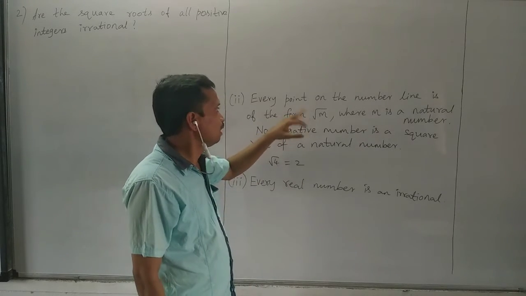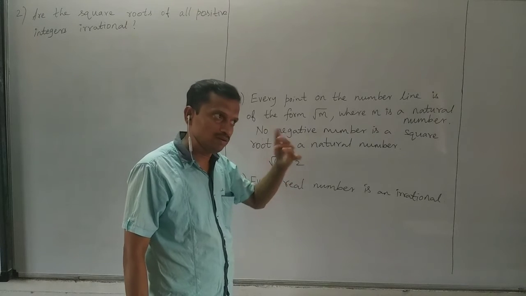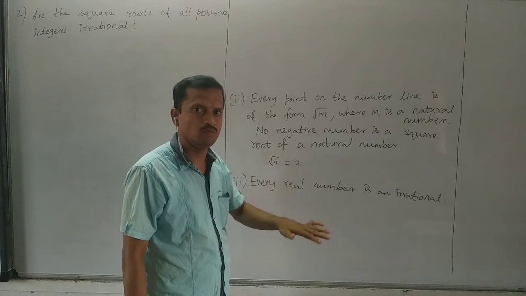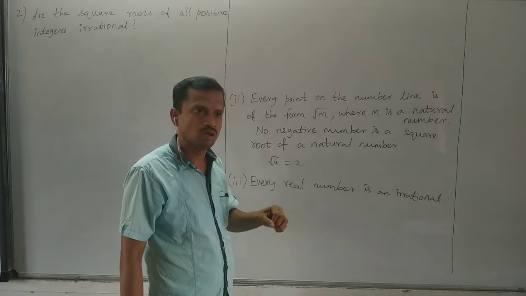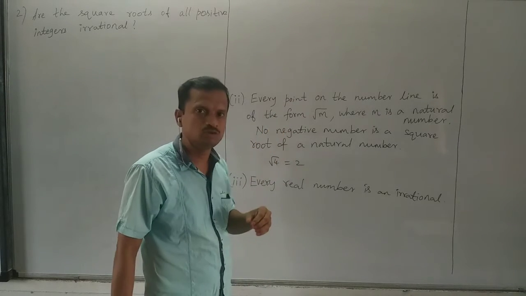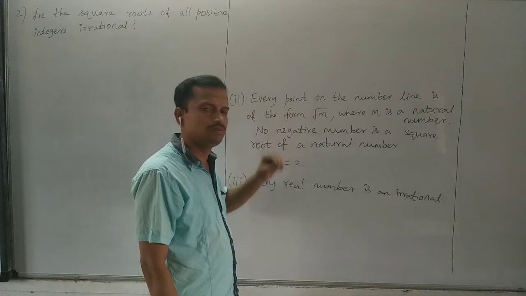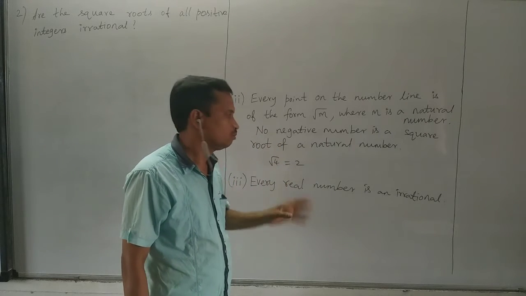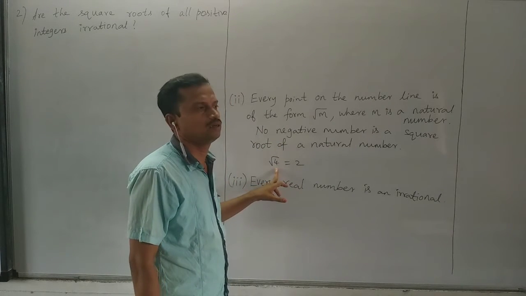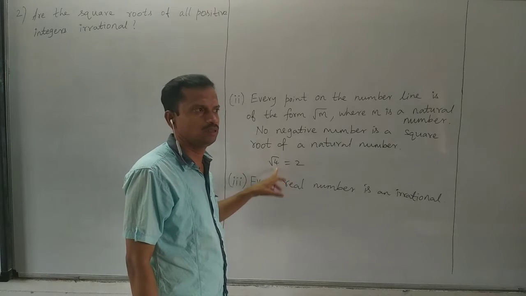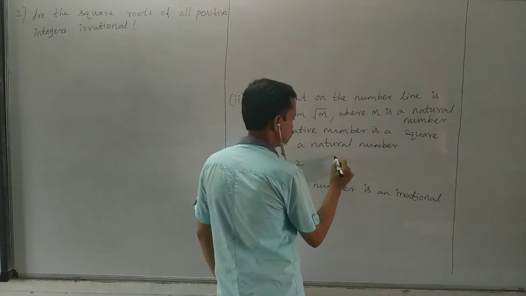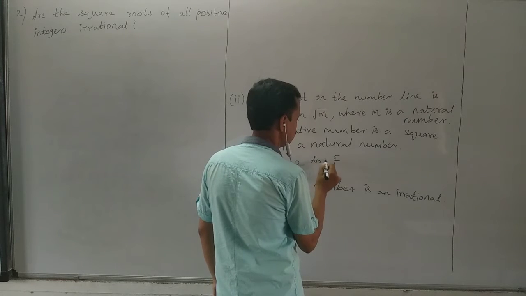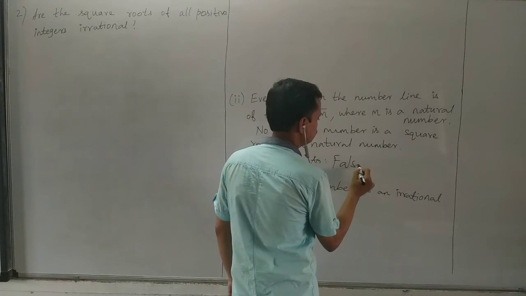But in number line, negative numbers are also there. So every point, that means any point, negative number will also come. But here, when we take square root for a natural number, we won't get the negative as an answer. So false. Answer is false.